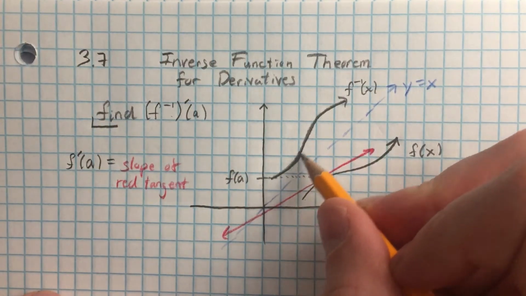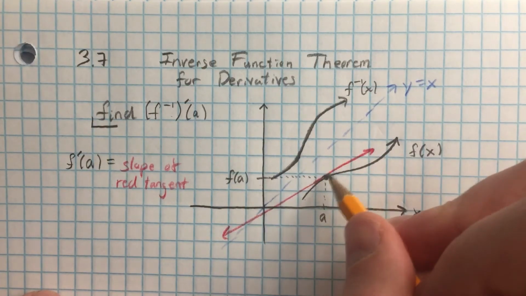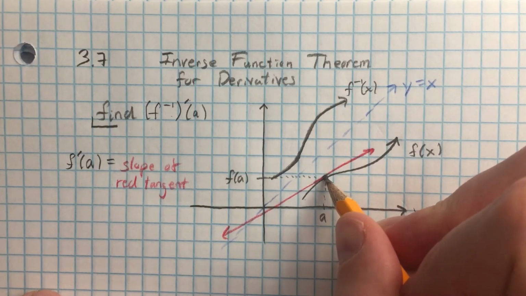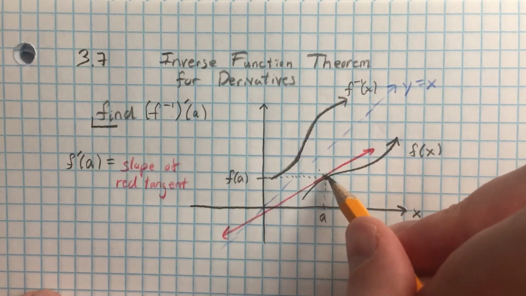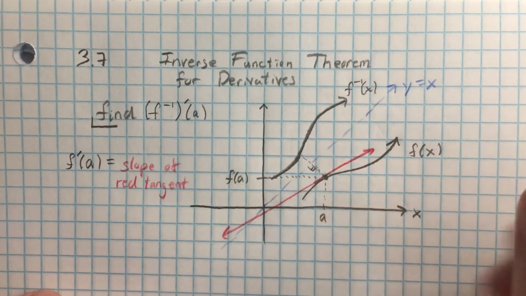Every point on the inverse function can be mapped directly from the original by constructing a line perpendicular to the y equals x line and containing the point on the original function across here.